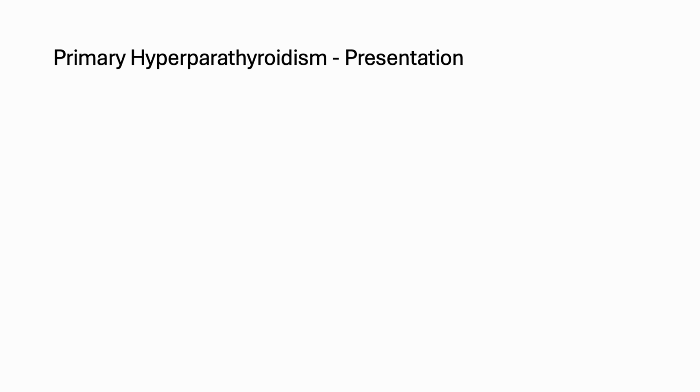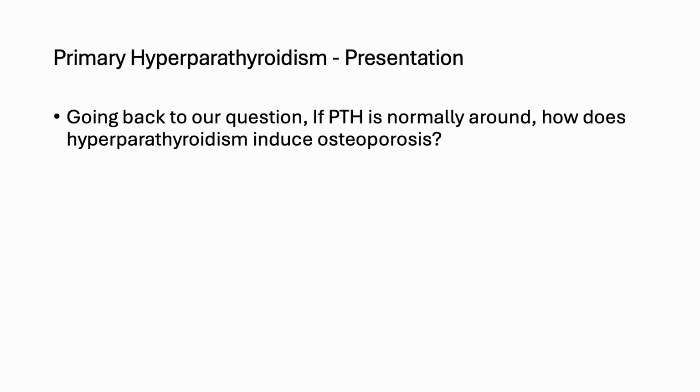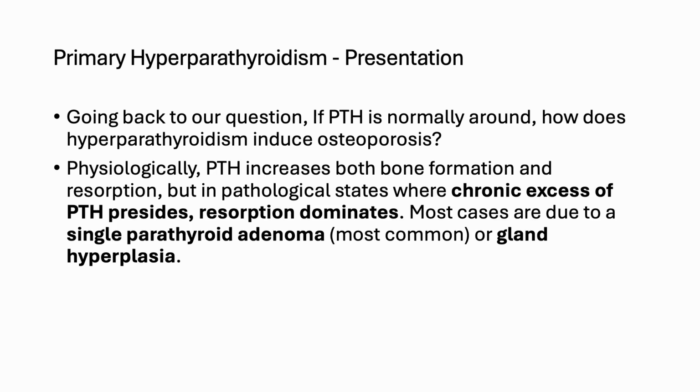So just to recap, to make sure we're clear and we understand the full presentation, how does hyperparathyroidism induce osteoporosis if PTH is normally anabolic? We mentioned that physiologically, PTH increases both bone formation and resorption, and there's this balance, but in pathological states where there's chronic excess of PTH, the balance is disrupted and resorption dominates.